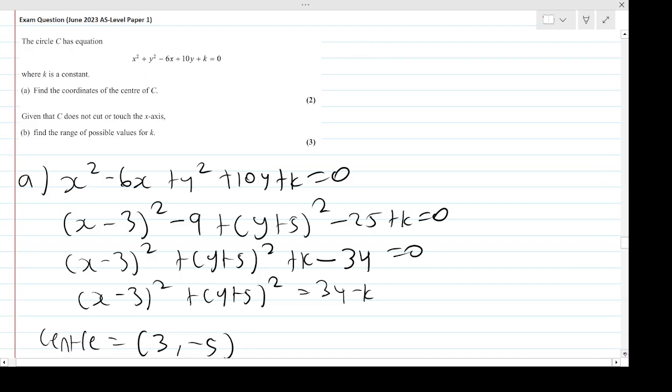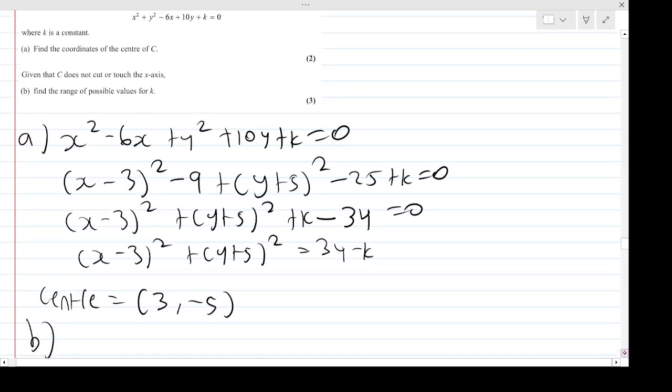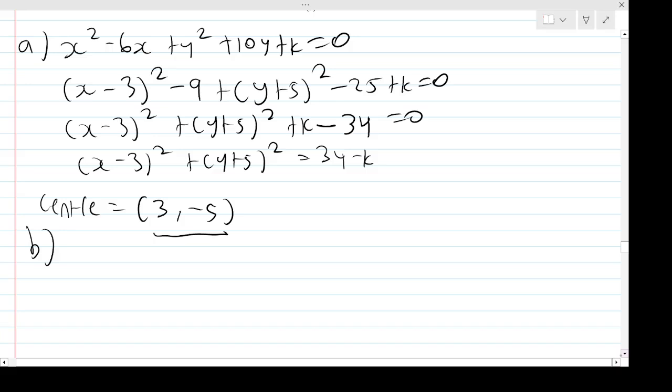So we are told that the centre is (3, -5). So we're going to sketch that on our xy axes. There, x, y. Now the centre is going to be x is 3, and minus 5 would be about there. So that's my centre.